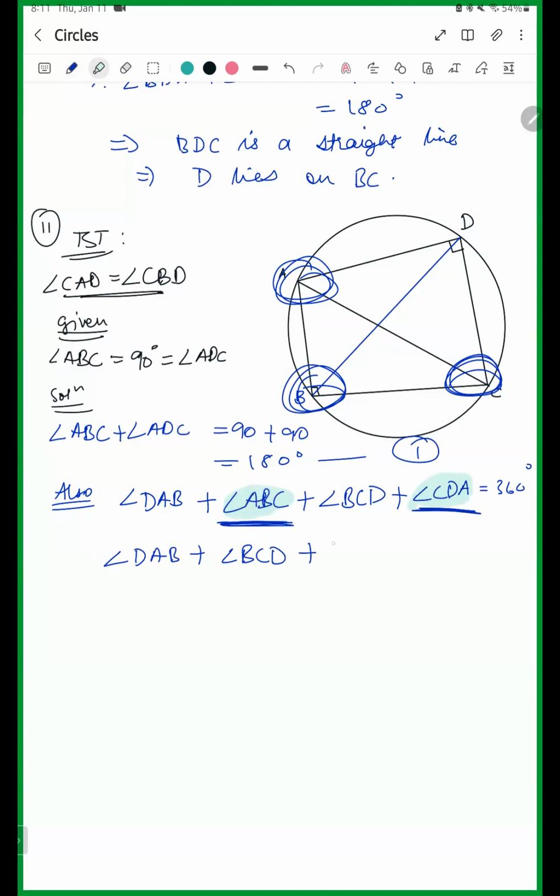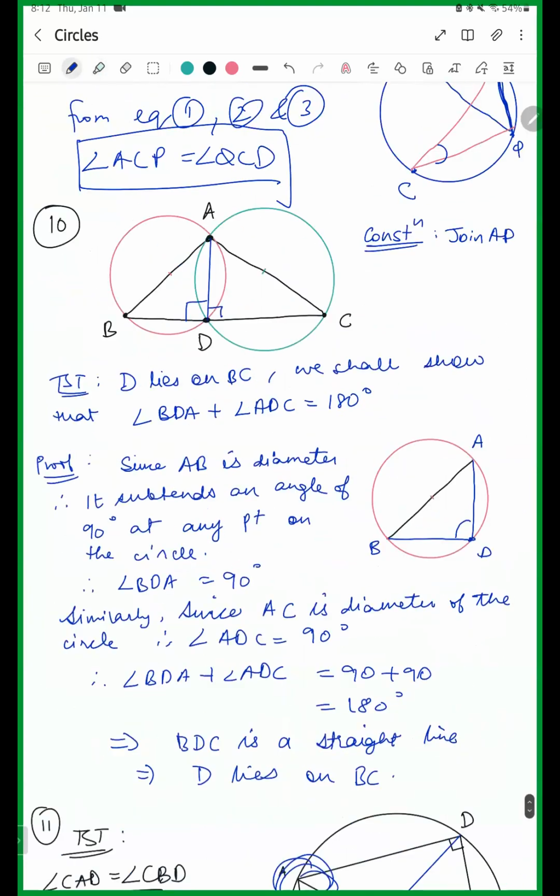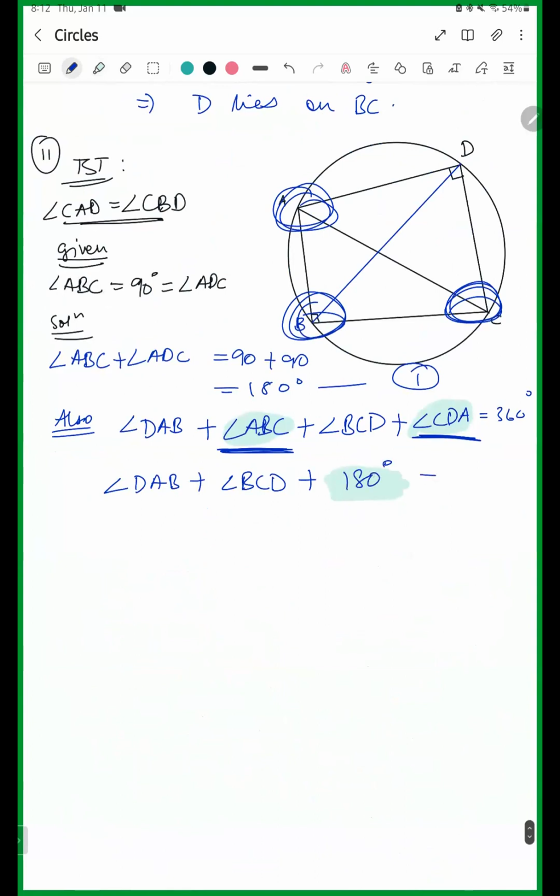What is this plus this? It is 180 as per the first equation, is equal to 360. So now the 180 goes to the other side. Angle DAB plus angle BCD is equal to 360 minus 180, which is 180.